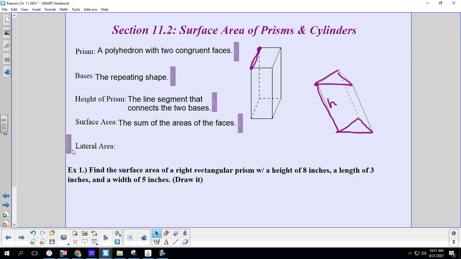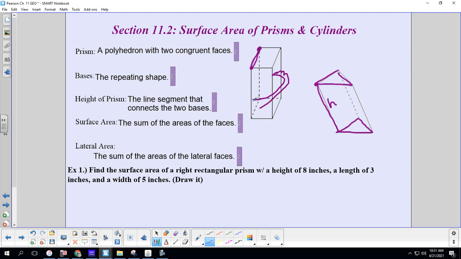We're going to be talking lateral area quite a bit, so that's different than surface area. The lateral area is the sum of the areas of the lateral faces. It's as if I was going to give my prism a hug, and whatever my arms wrap around, that with a hug, whatever you touch, that's the area that goes in the lateral area.